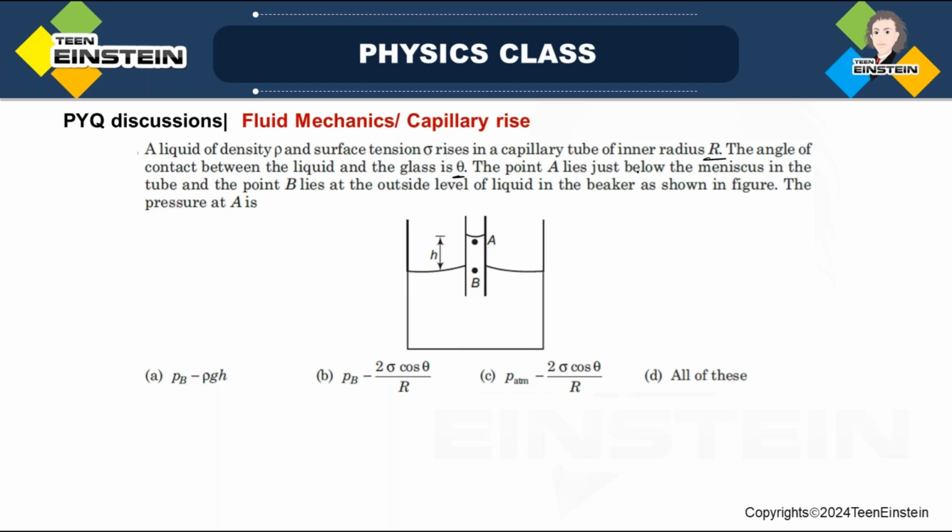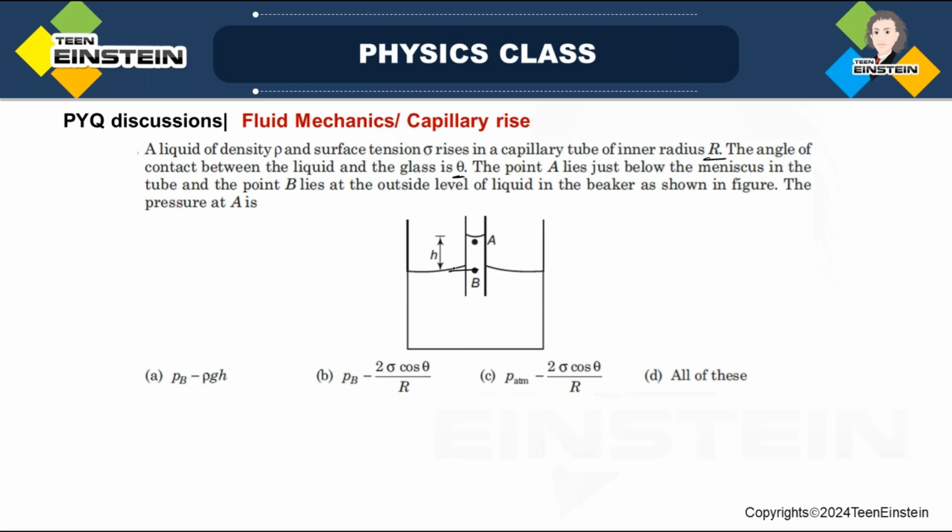The point A lies just below the meniscus in the tube, and the point B lies at the outside level of liquid in the beaker, as shown in the figure.